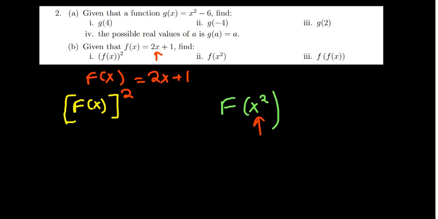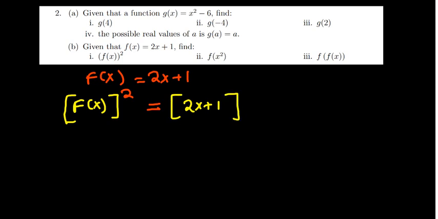Now, when you square the entire function, including the f itself inside there, what you're doing is this. So substitute, what do you know in this case? You know that f of x itself is 2x plus 1. Now what you are doing is squaring this.